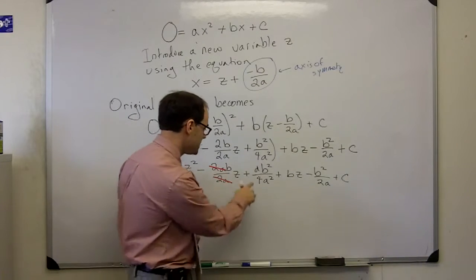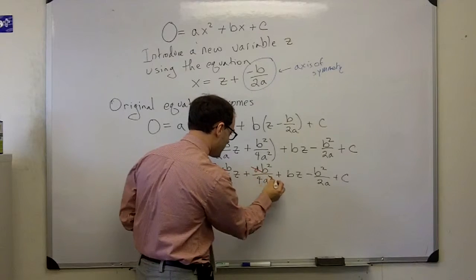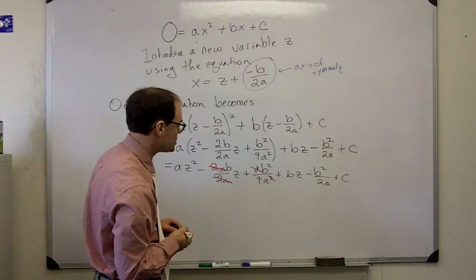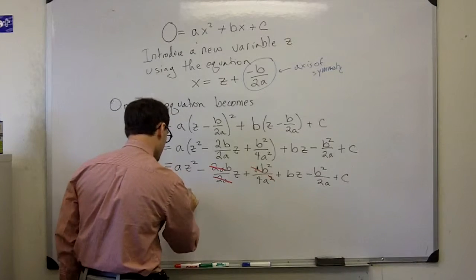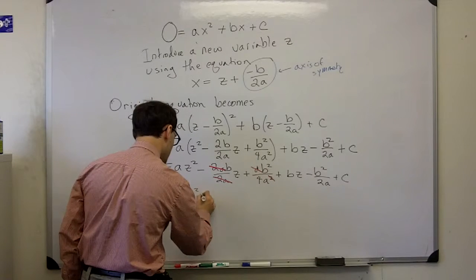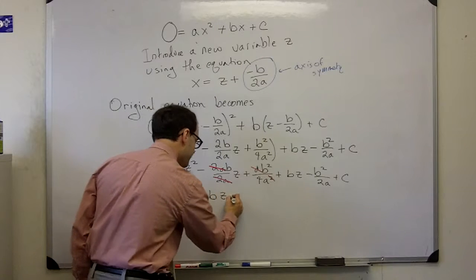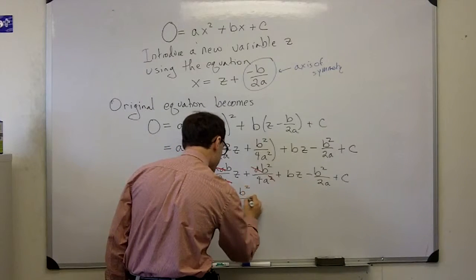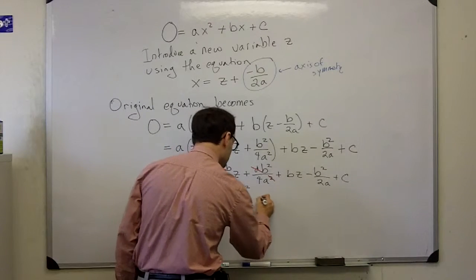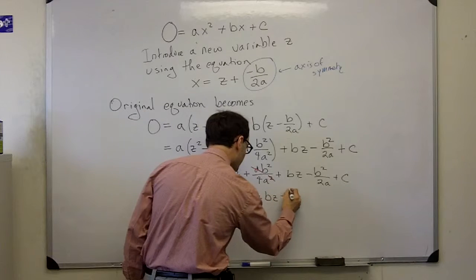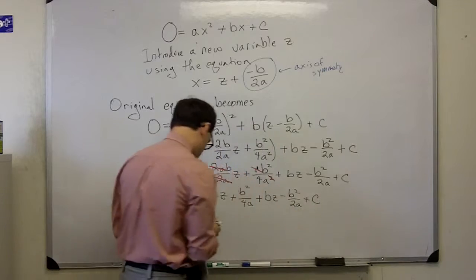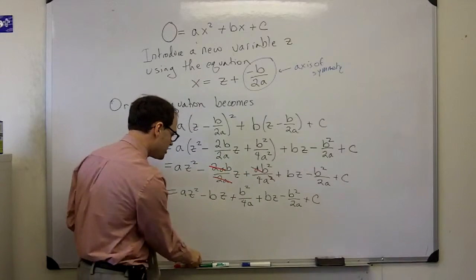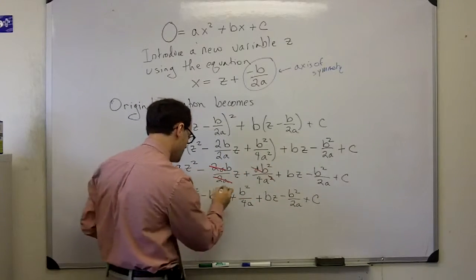Gone. I see here an a over an a. One of those a's cancels out. And, oh look, there's more canceling I can do. I've got a bz and a bz. They're gone.